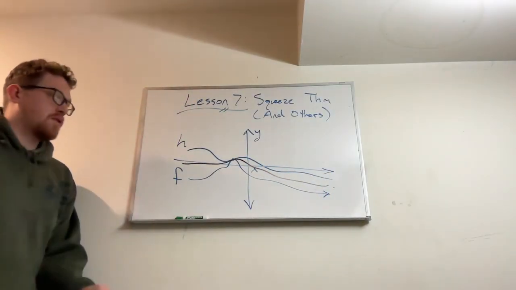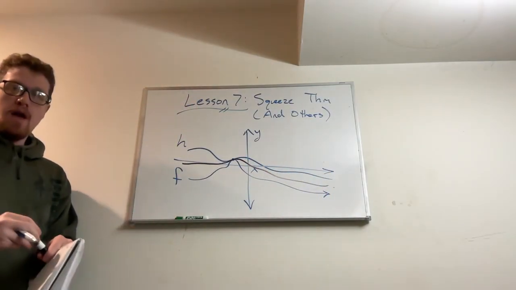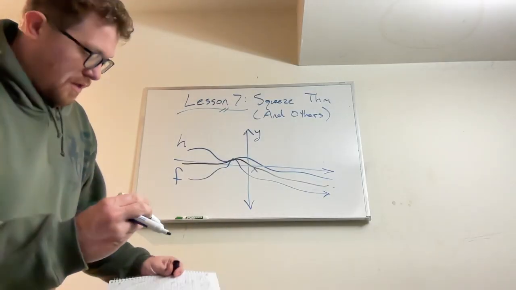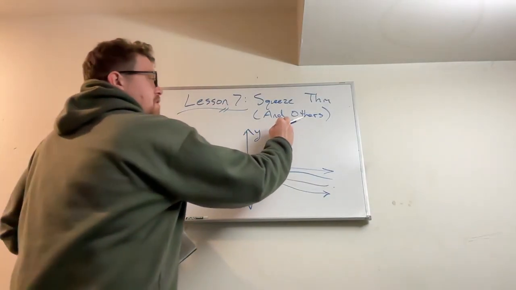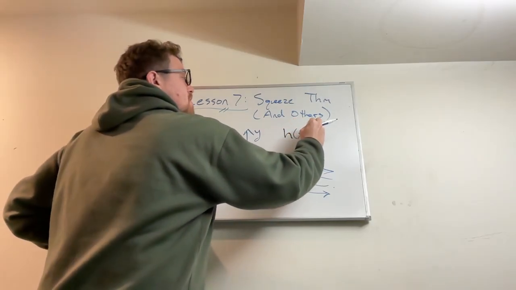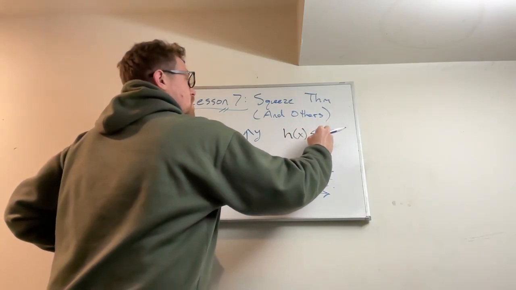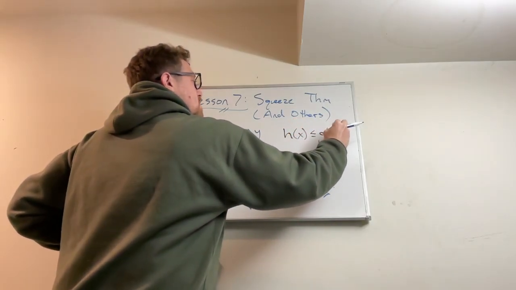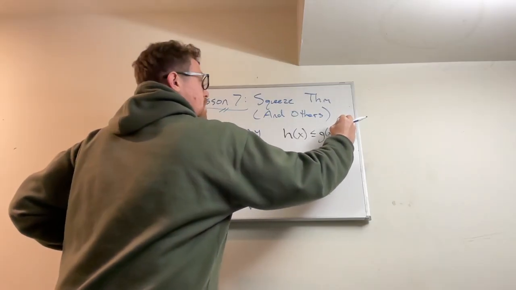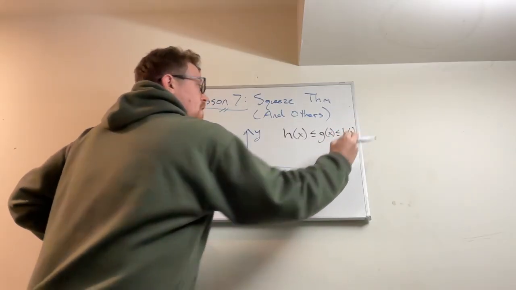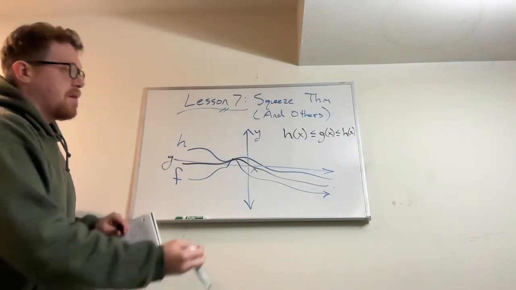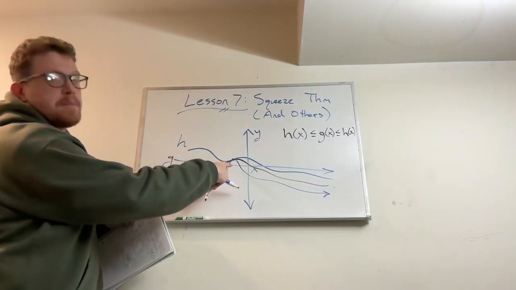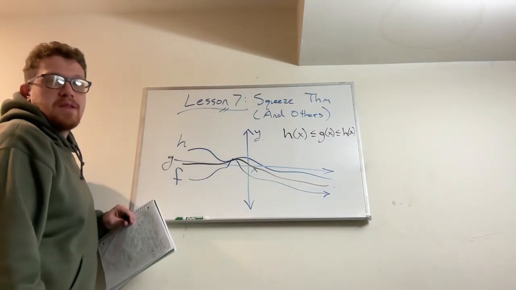So here's your general picture, and the black function is g. So you have f of x is less than or equal to g of x, which is less than or equal to h of x. And this needs to be true not necessarily for every x, but every x near some particular point where you're trying to evaluate the limit.